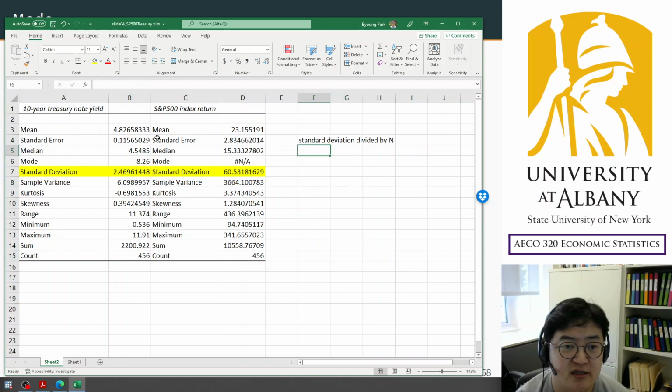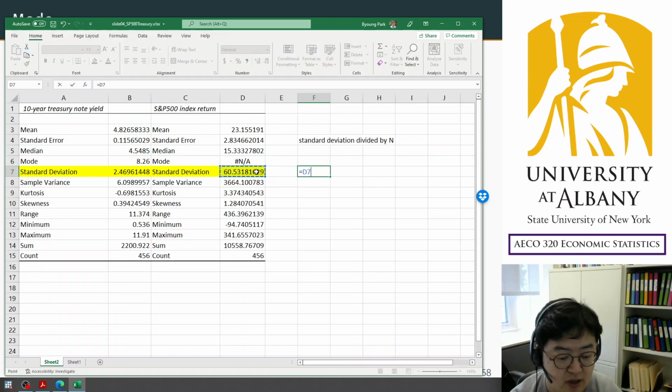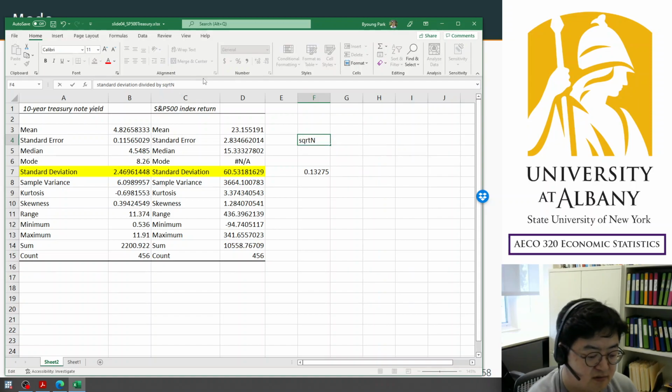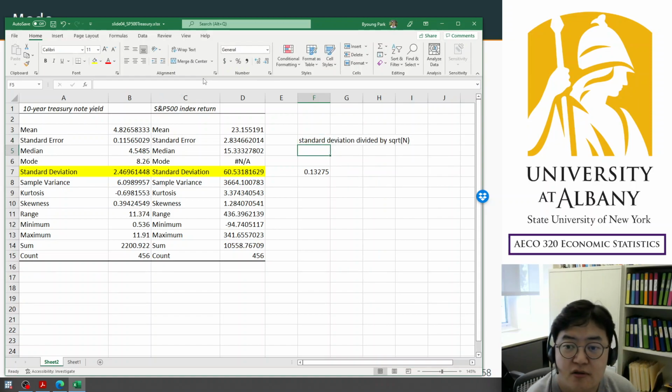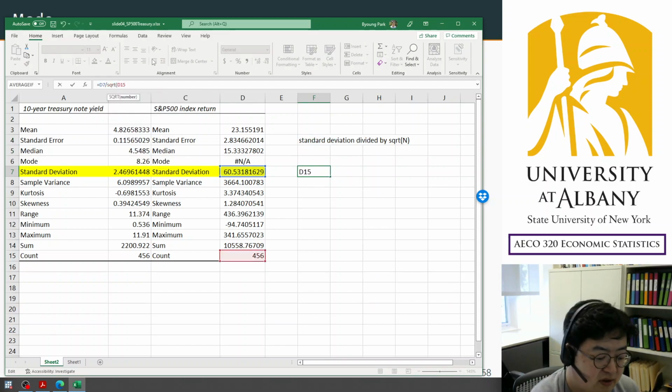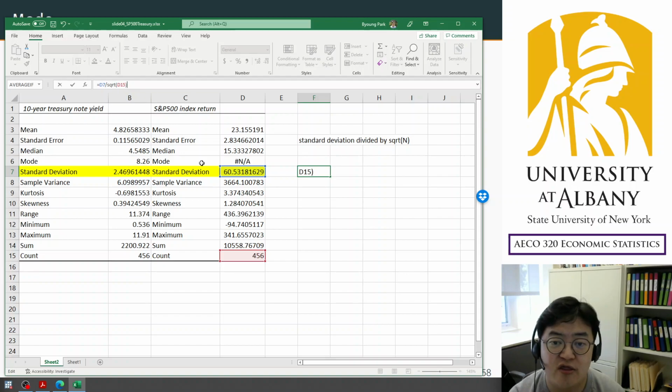And to see if the standard error is calculated correctly, you can divide the standard deviation by the square root of the sample size.